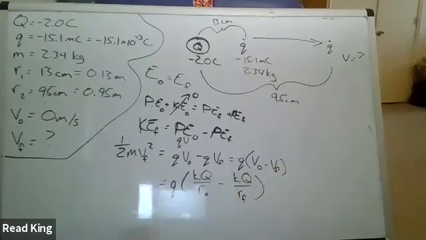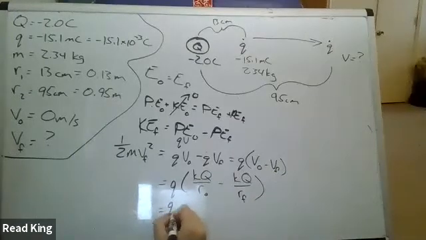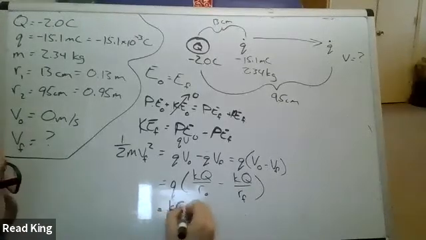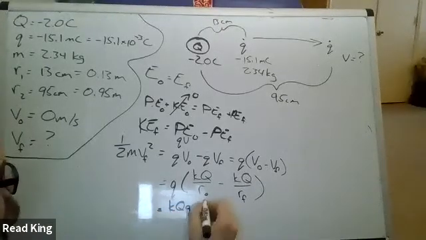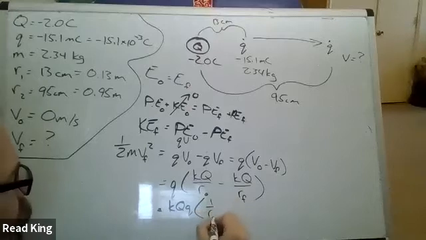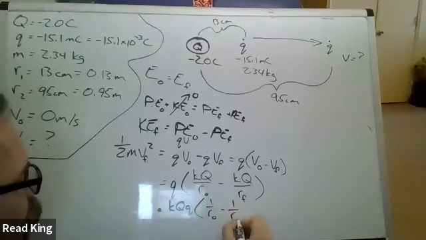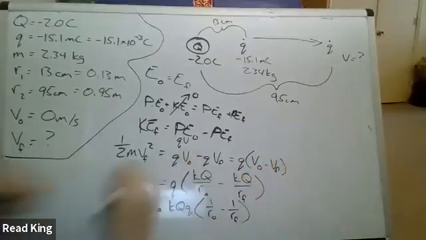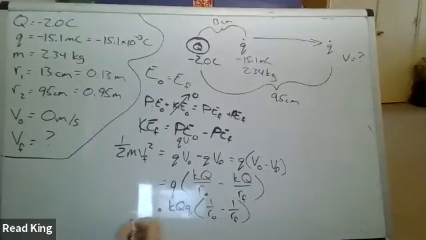I can simplify this a little bit by pulling the KQ out of both sides. Let me rewrite this a little bit: K, Q, little q times 1 over R naught minus 1 over R F. That's just reverse distributing out of the equation. There, a little algebra for those of you that have had it.